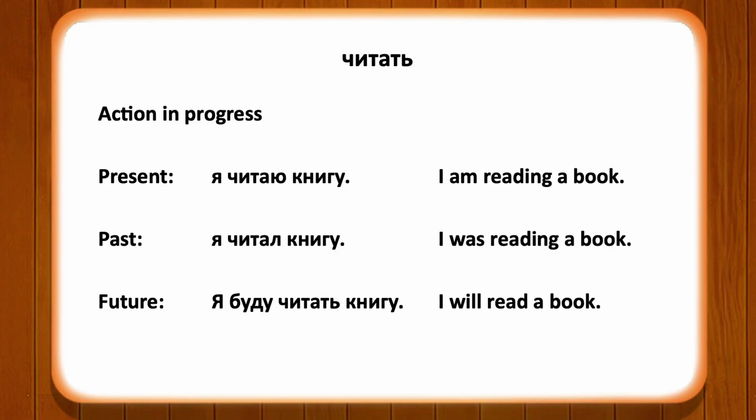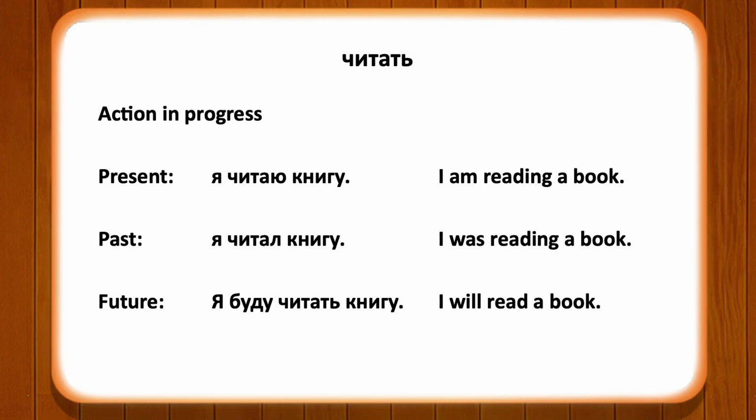For example, the verb chitaj, it's an imperfective verb. So, imperfective verb, as I told you, will denote an action in progress or an ongoing action. So, ya chitayu knigu means I am reading a book. Here you can see the action is ongoing in present tense.